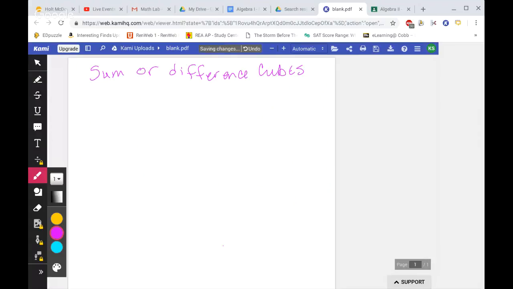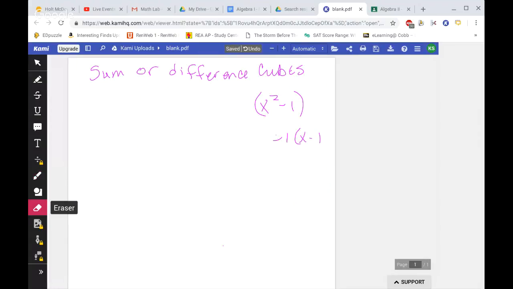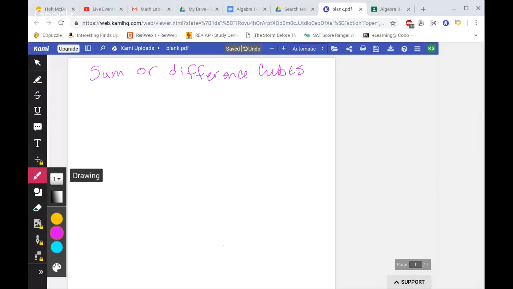Not squares, but cubes, you can have the sum or the difference. And there are lots of other reasons, but one thing we can remember: you know how I said the tricky one is when it's x squared minus 1? When you think of it, you can't take the square root of a negative, and we already learned that that's the letter i.